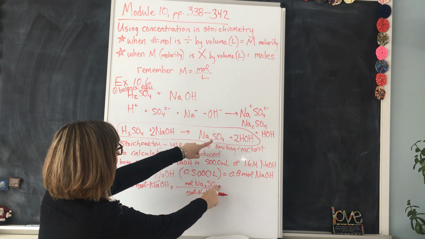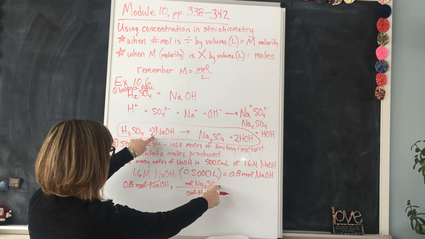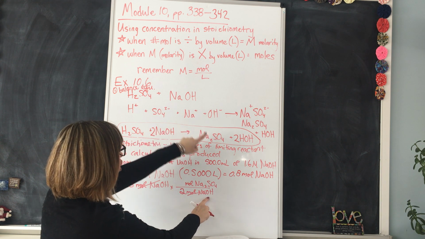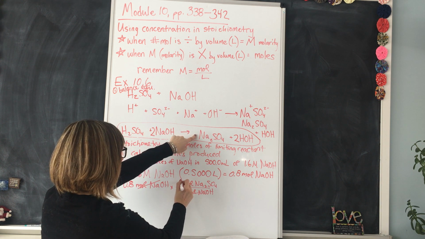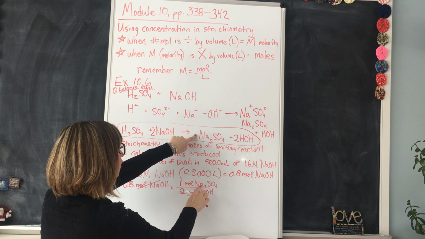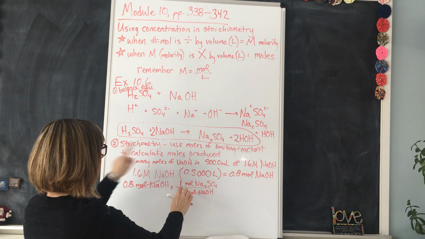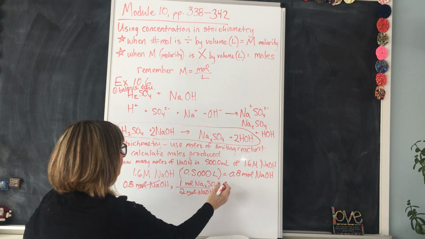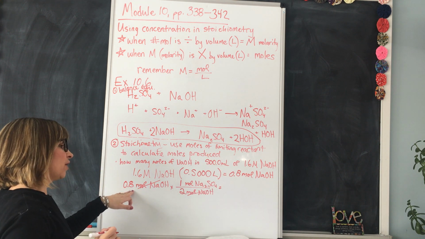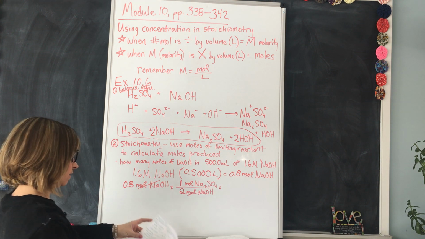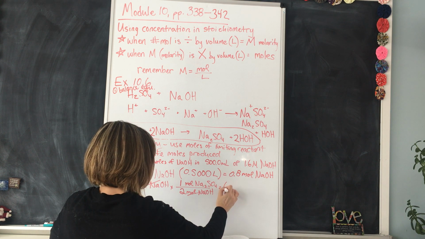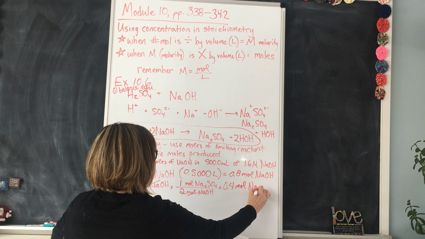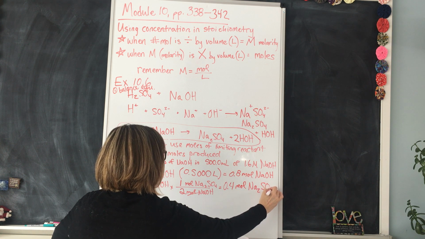Now looking at our balanced equation, for every 2 moles of sodium hydroxide, we produce 1 mole of sodium sulfate. That's how I filled in the numbers from those coefficients. So 0.8 divided by 2, which you can figure out in your head, is 0.4 moles of sodium sulfate produced.